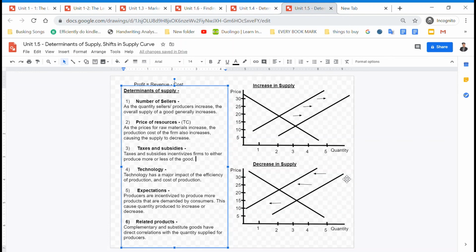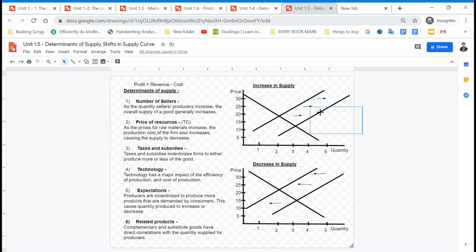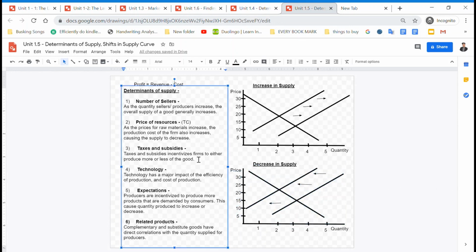So when there are subsidies, firms are usually incentivized to produce more, therefore an increase in supply. However, when there is a tax levied on producers, perhaps tariffs and import taxes, ad valorem tax and specific tax, or a consumer tax, then producers are incentivized to produce less, to minimize losses and to maximize profit. So taxes and subsidies are another major determinant of supply.